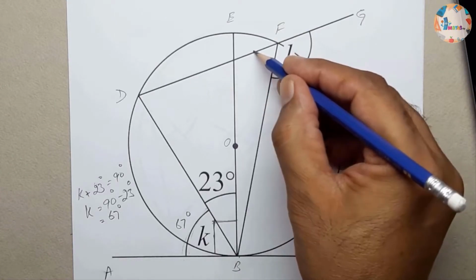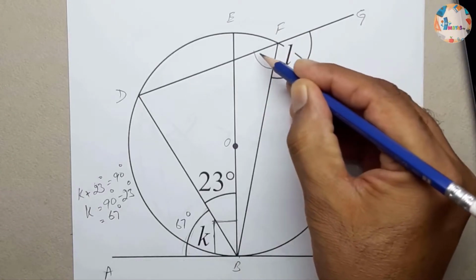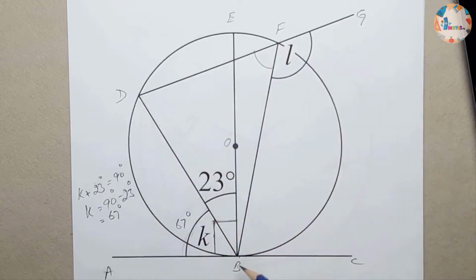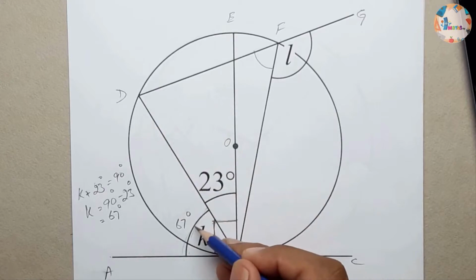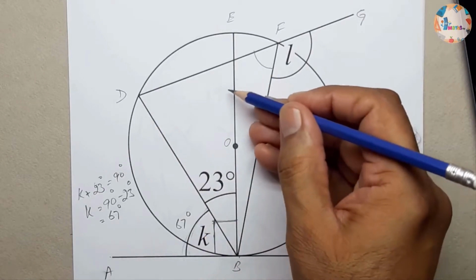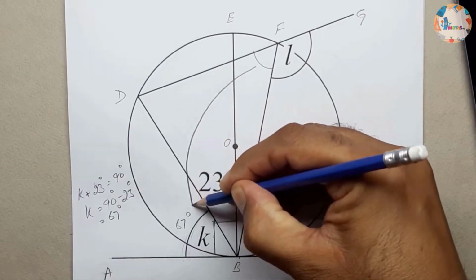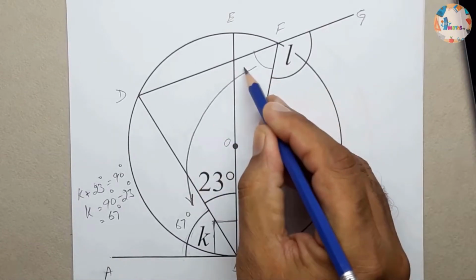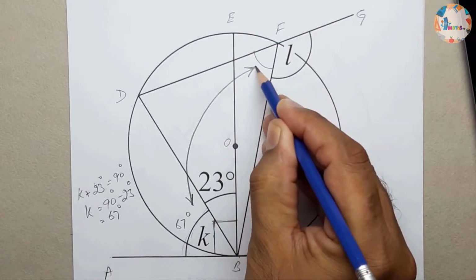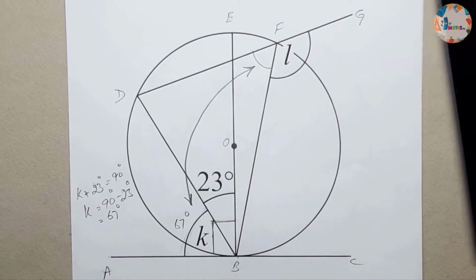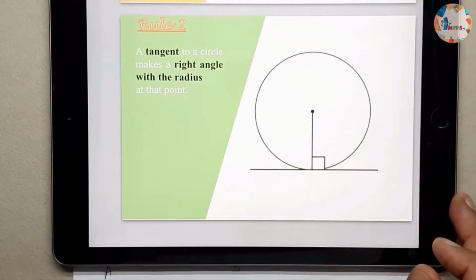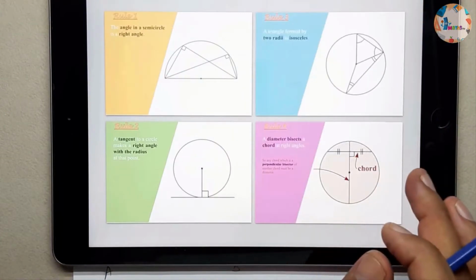So angle DFB and angle ABD are related to each other. If I draw an arrow for your understanding, this angle and this angle are related by a rule, and we can discuss that rule.